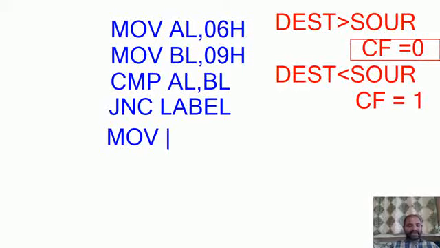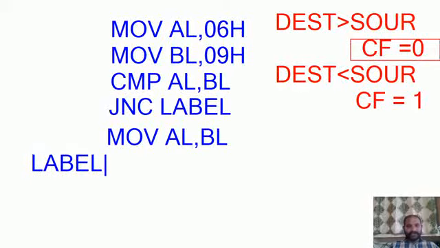If there is a carry, obviously the BL value is greater than the AL. Here in this case you are supposed to take the label over here. Let me take one more step out.